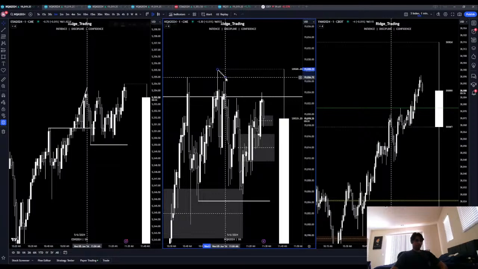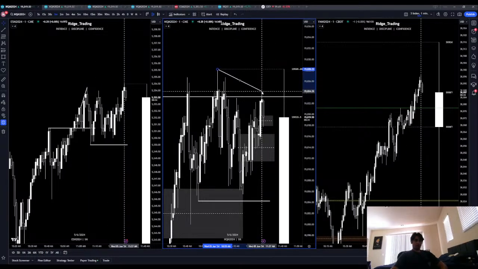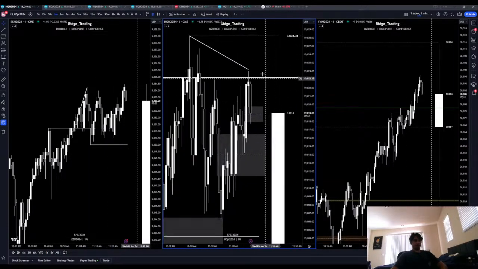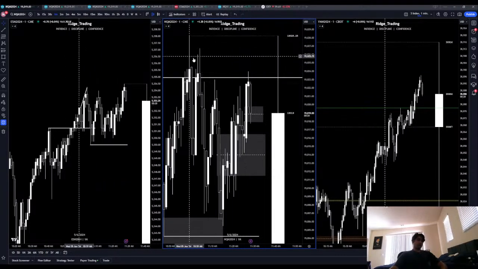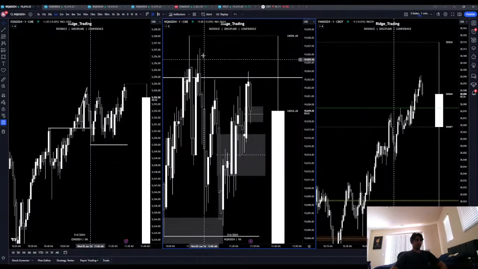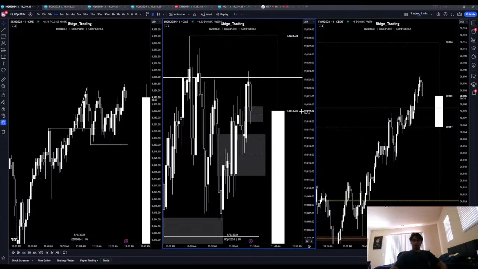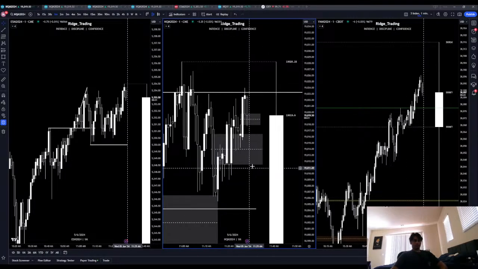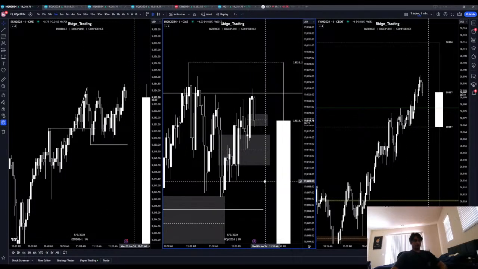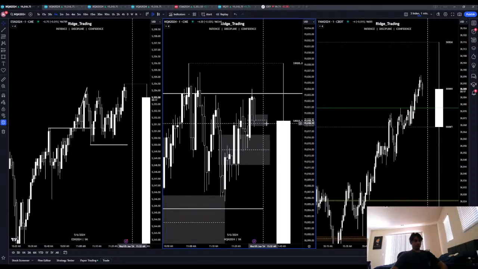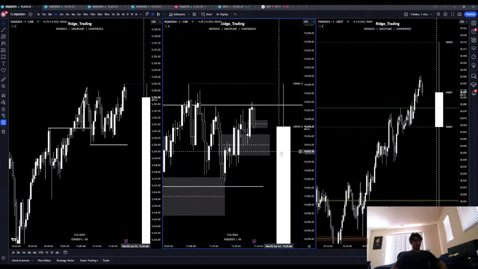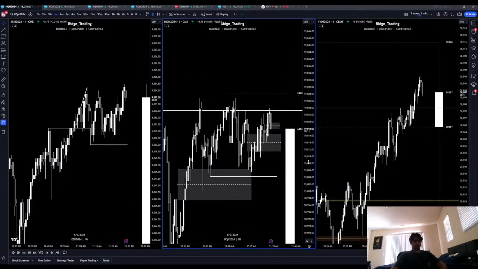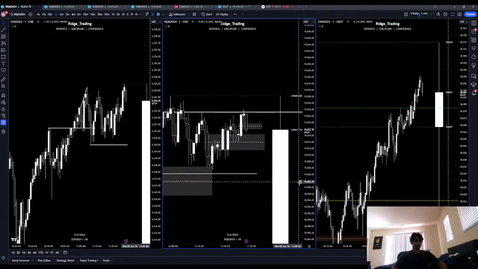Still have a potential SMT here. However, now it's not during the macro time that I really want to see it, so I'm a little less interested. However, this SMT is still there, so undecided for now. I don't want to short this 1 minute. However, if we get back below 11, maybe I'll look for shorts a little more.